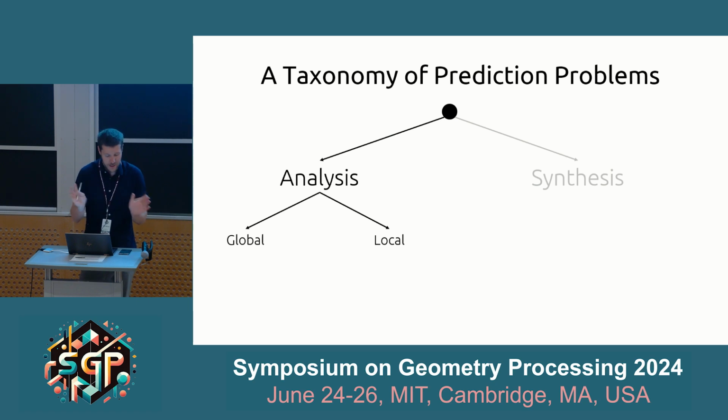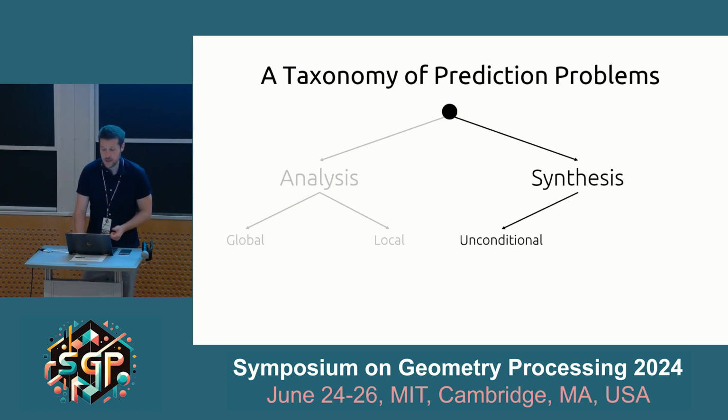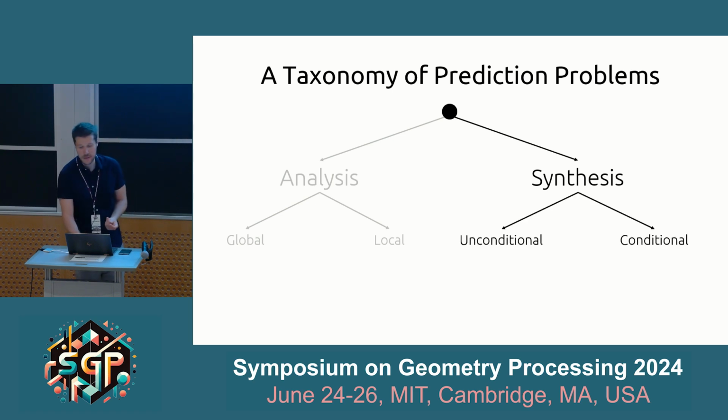Okay, so that's my 10,000-foot overview of the analysis side of deep learning for geometry. Now if we switch gears and talk about synthesis, so no longer trying to answer questions about existing geometry, but produce new geometry, once again, I think we can subdivide the synthesis category into a couple of subcategories. This is a popular division that we see all across generative modeling these days, not just in geometry: unconditional versus conditional synthesis.